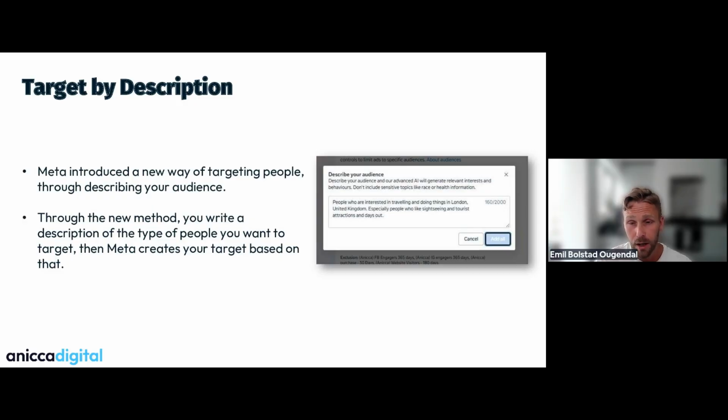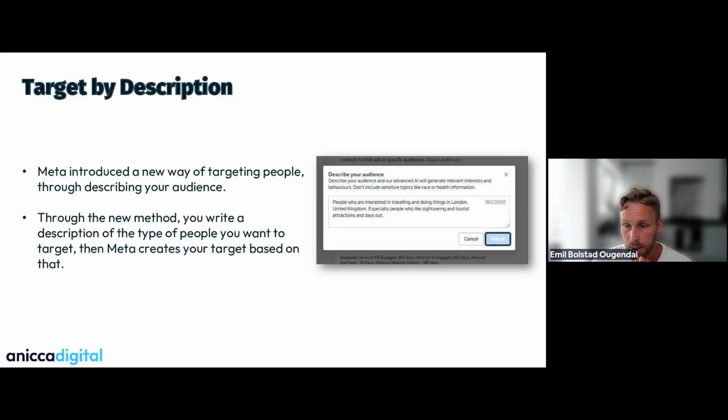So I might talk about it here, you might go and try and find it and it's not there. But essentially what they introduced is that you can describe your audience in words, and then they will find the audience based on that. So instead of manually finding interests, you write a sentence.